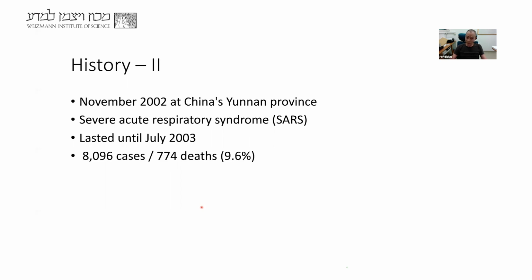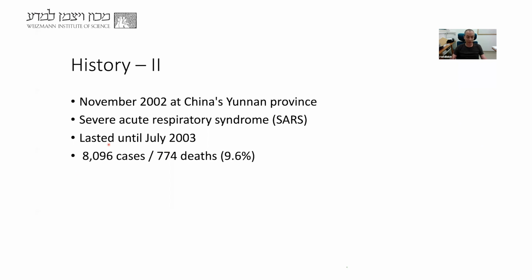Now, in 2002, a new coronavirus emerged in China, and the name of this virus was Severe Acute Respiratory Syndrome virus, or SARS. It emerged in November, but it lasted only until July, the middle of the summer, and this will become important. I will mention that toward the end of my talk. So this was quite a lethal virus.